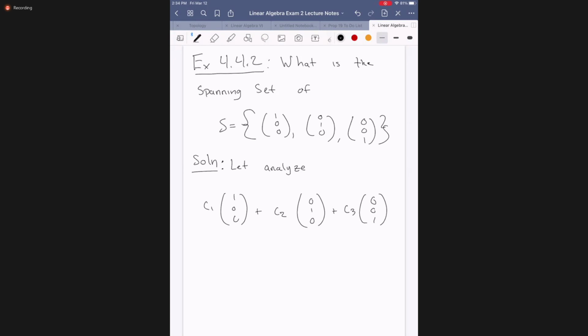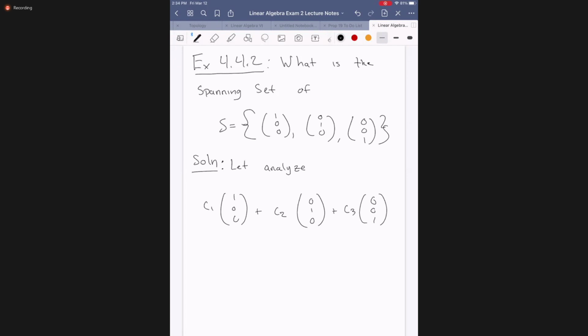What do you think the span of these three vectors would draw? Not a line in this case. The XYZ plane, yeah. So it isn't just going to be straight lines.